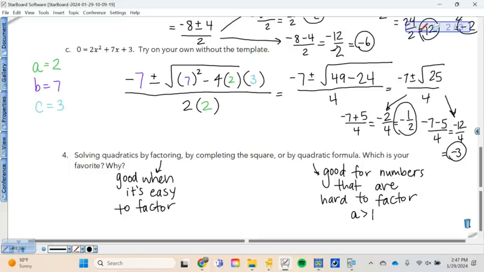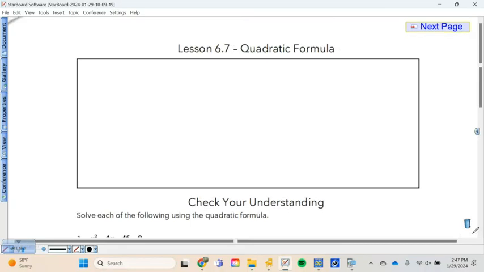All right. Let's flip to the other side and take just a couple of notes there. Okay. So I want to solve with the quadratic formula.